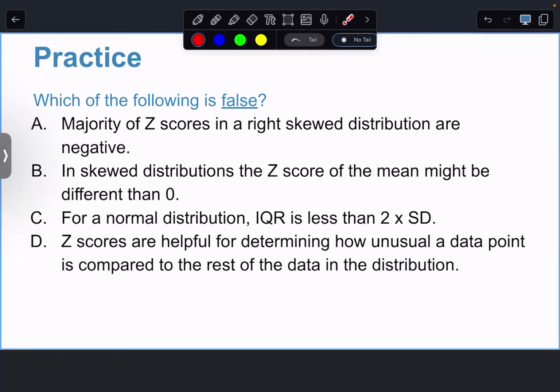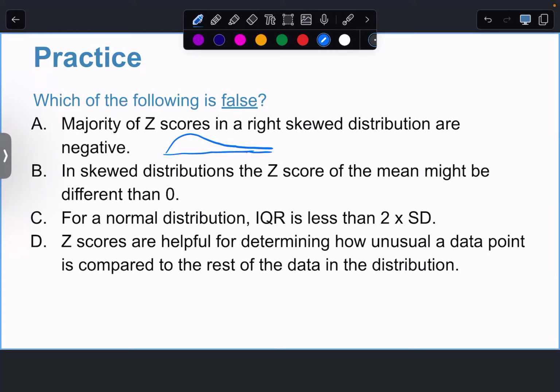Now, you can calculate z-scores for any distribution. The probabilities from the table will only work for z's coming from a normal distribution, okay? And so we can standardize any distribution. But what does a right-skewed distribution look like? It has a tail to the right.